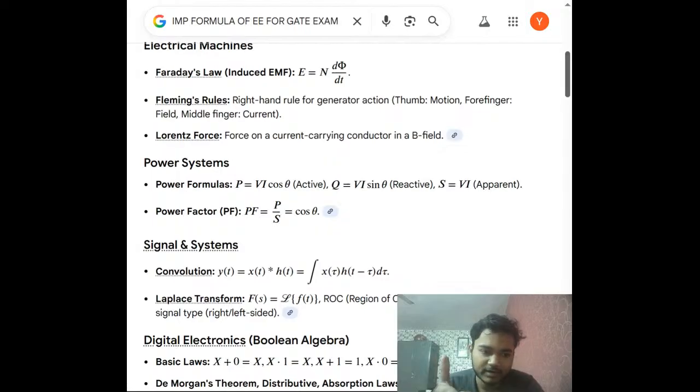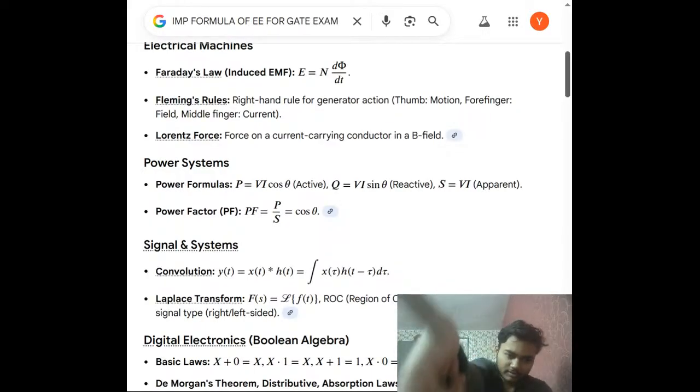This is the magnetic field. This is the current. If the current is in this direction and the magnetic field in this direction, the force moves forward. May I repeat it? If the current flows in the direction of this finger and the magnetic field flows in the direction of this finger, the force moves upward like this.